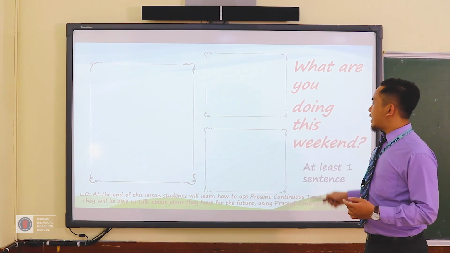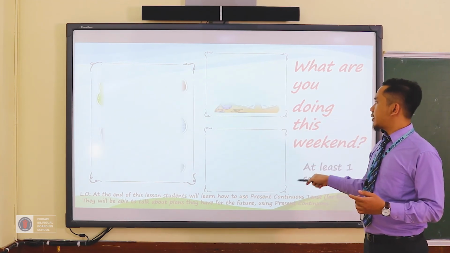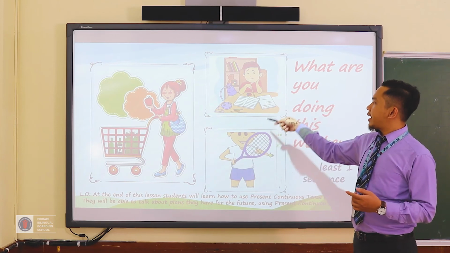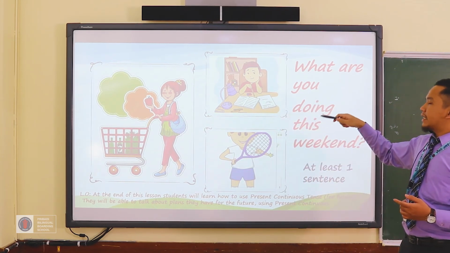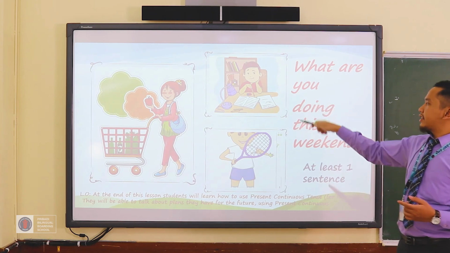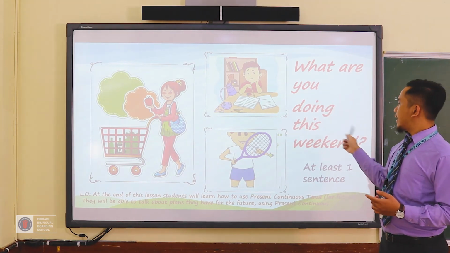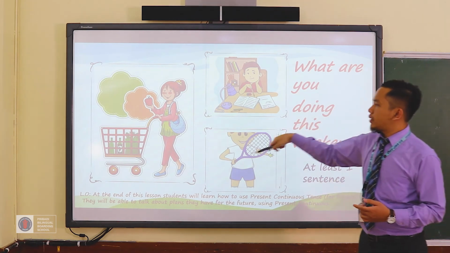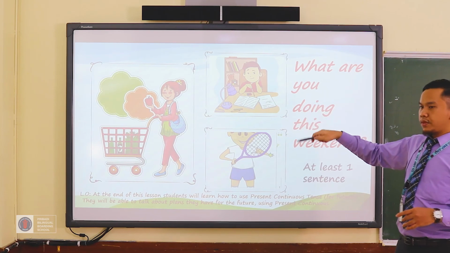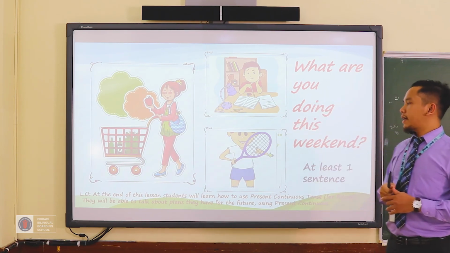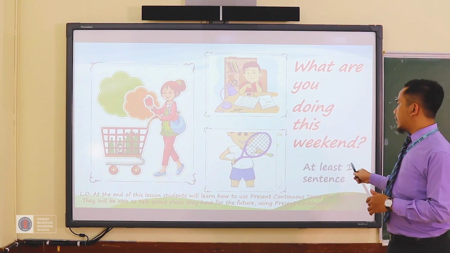So here I will give you the prompt. You can write, for example, I am writing a novel, or I am writing a story this weekend, or maybe I am buying some fruit or vegetables this weekend, or I am playing tennis this weekend.